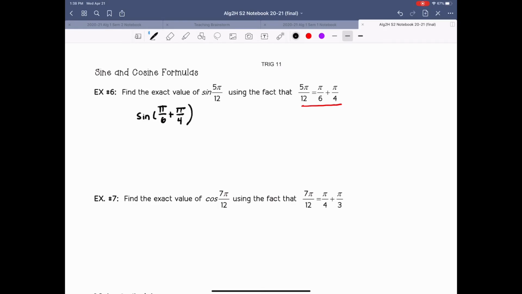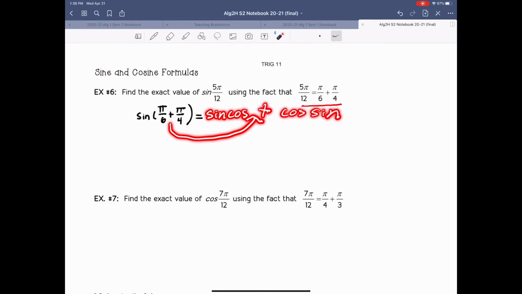All right, and those are both special angles that we know how to evaluate trig functions at. So what we know about the expansion of sine is that whenever we expand sine, we're going to keep the operation and we're going to group the terms as sine with cosine, and then we just alternate cosine and sine. And again, we are keeping the operation of addition.